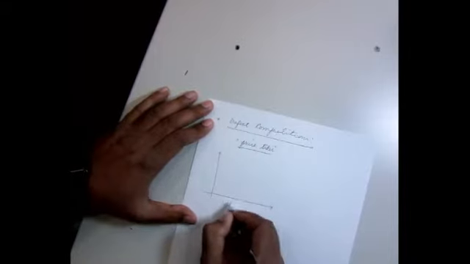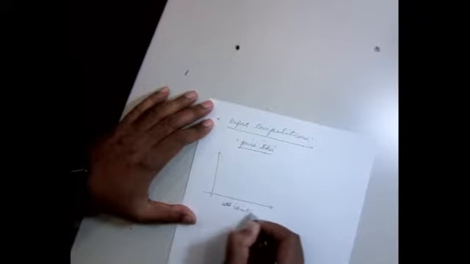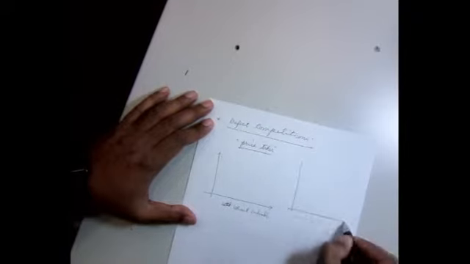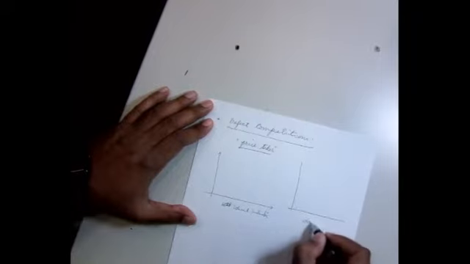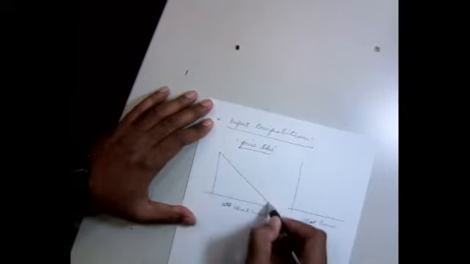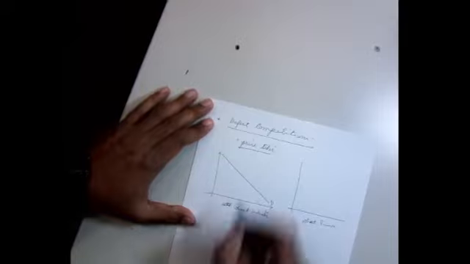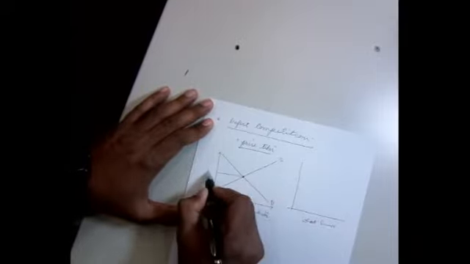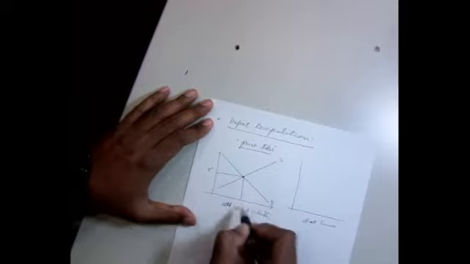This is a wheat industry, right? Then obviously those who belong to that wheat industry are wheat farmers, individual wheat farmers, right? Now the wheat industry demand curve for the wheat is this, supply is this. Eventually that will determine your equilibrium price, P star and Q star.